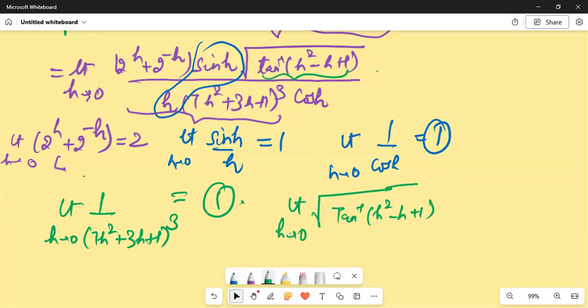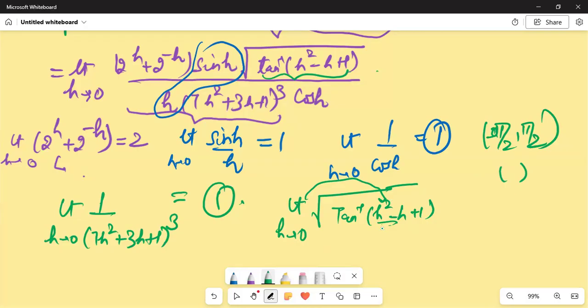You can take the limit inside, because square root is a continuous function. And if you choose the domain minus pi by 2 to pi by 2, and h is going to 0, you can choose a very small interval around 0 where tan inverse is continuous. That is the reason you can bring your limit inside this bracket.